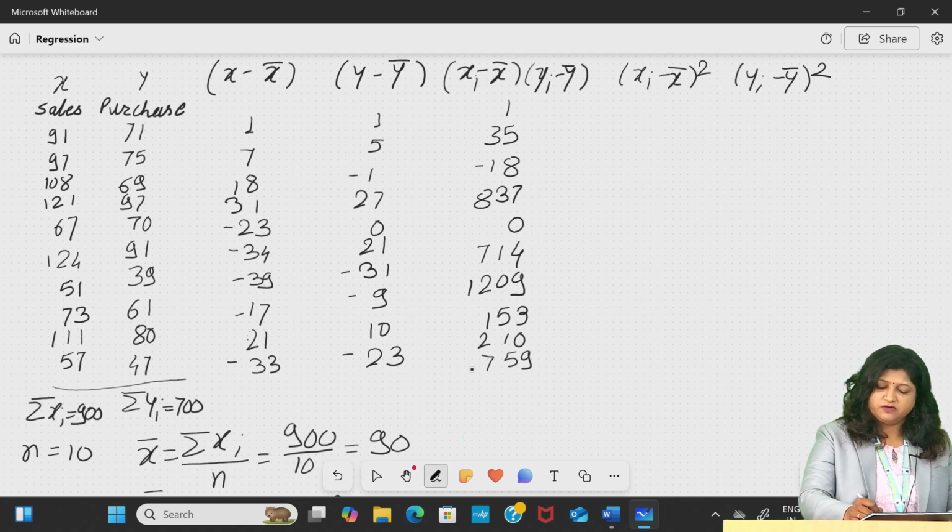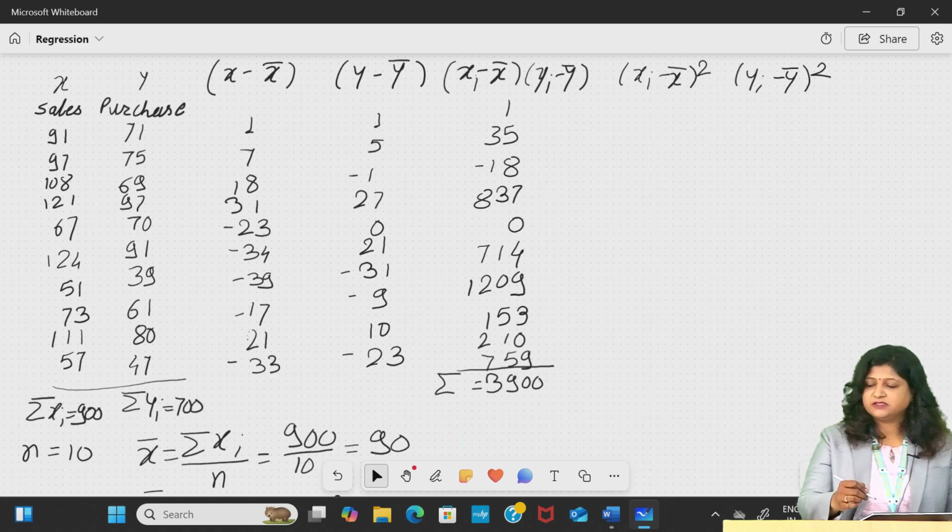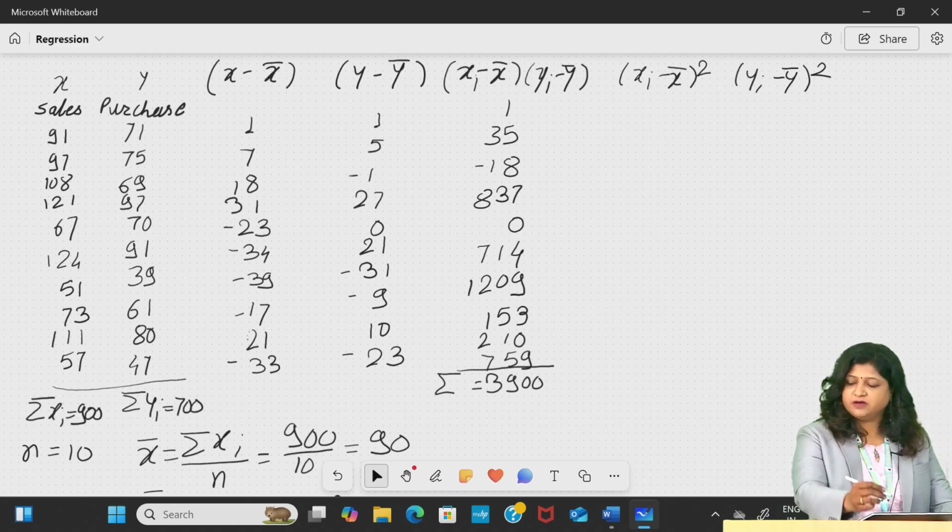As in the formula, we will need the summation of this column. So the summation of this column will be 3900.